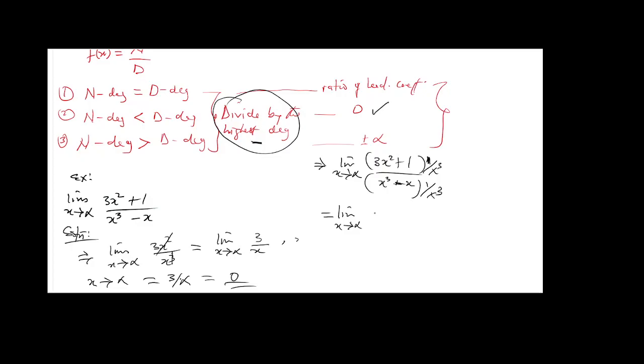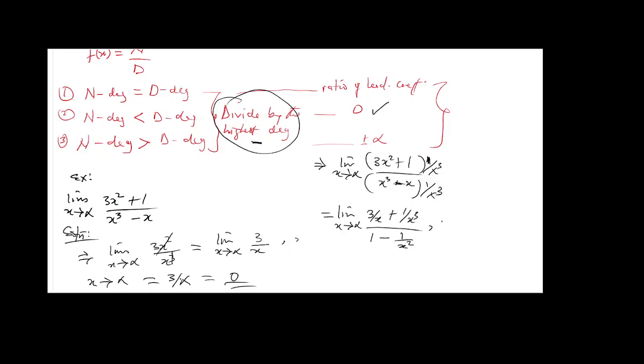X squared will cancel out, so that we have 3 all over x left, plus 1 all over x cubed, all over x cubed divided by x cubed gives us 1, minus 1 all over x squared.